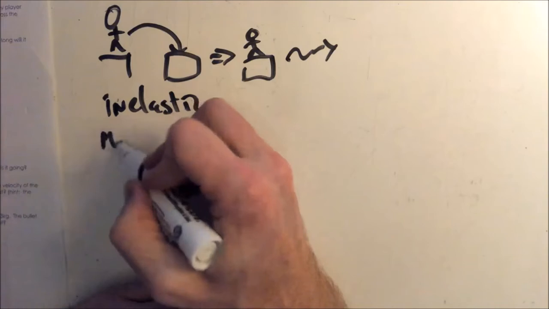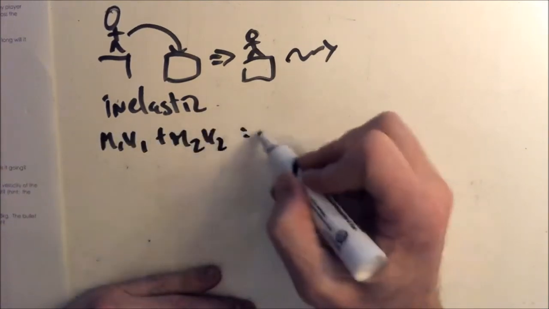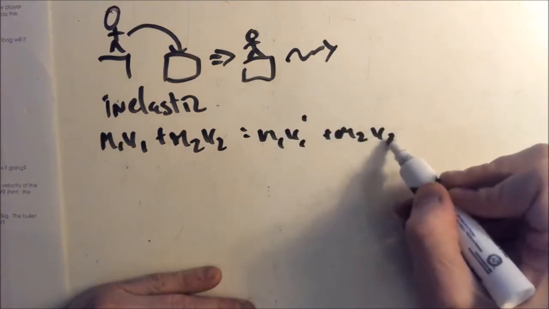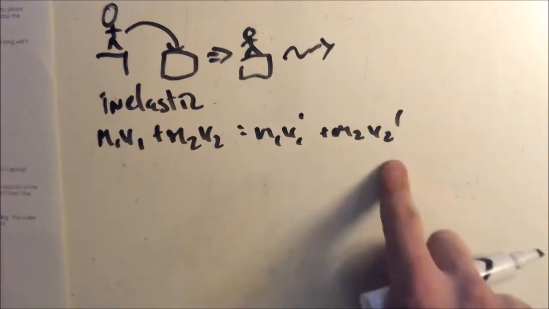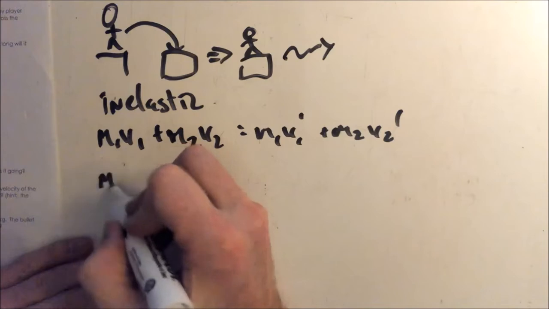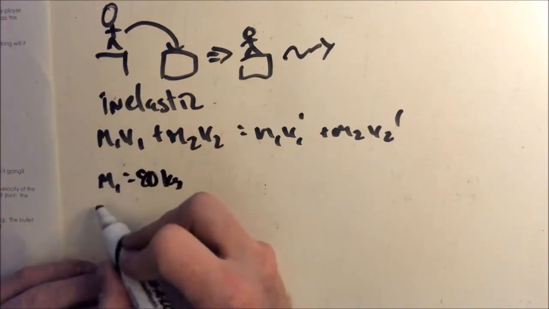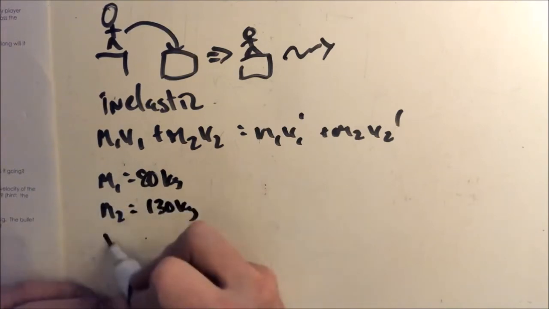We still use m1v1 plus m2v2 equals m1v1 prime plus m2v2 prime. However, since the person is on the boat, v1 prime and v2 prime will be the same. So let's get started. Mass 1 is 80 kilograms. Mass 2, the boat, is 130 kilograms.